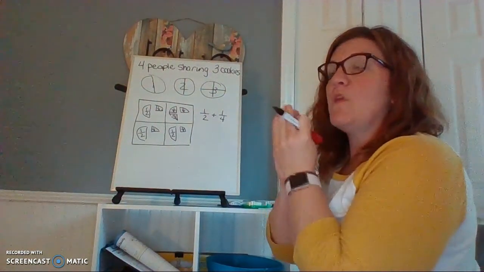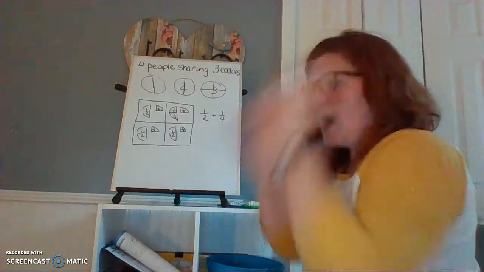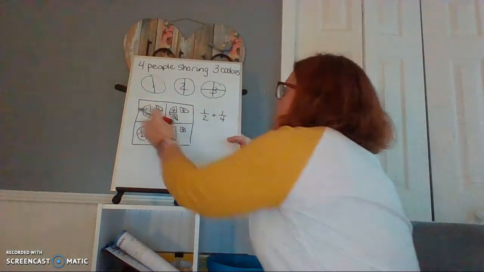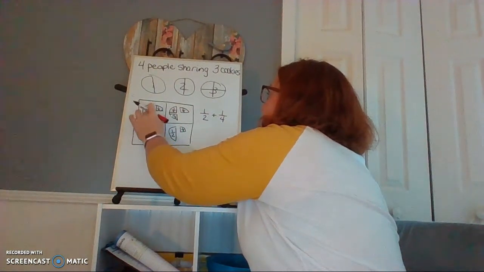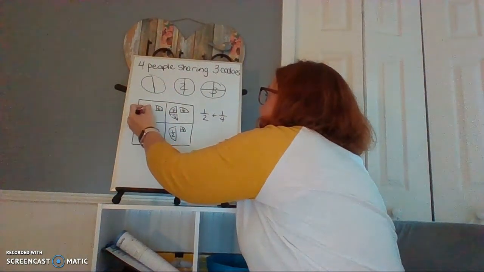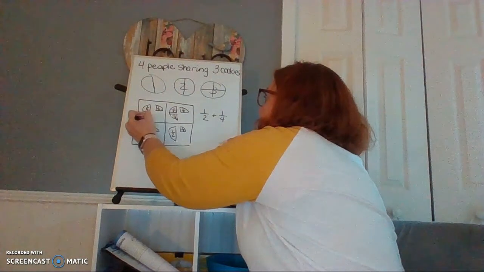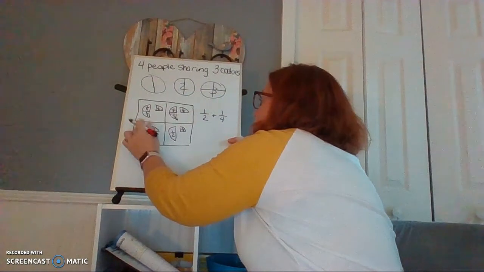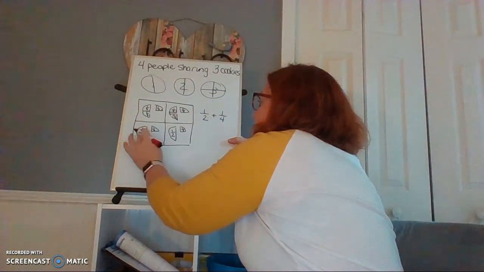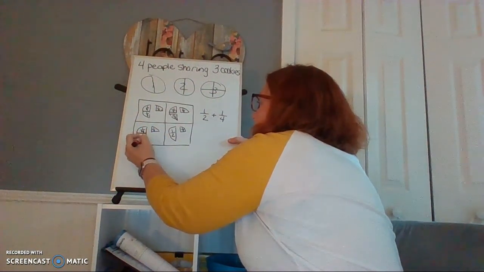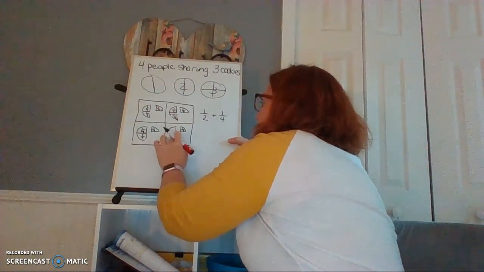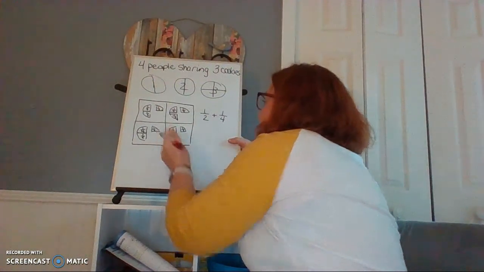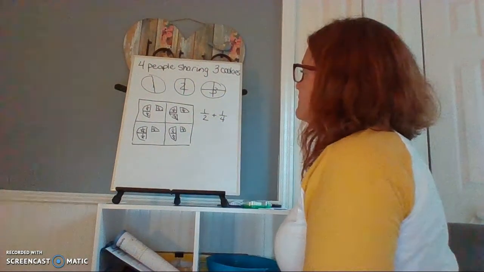Remember, that is one of those fractions you just have to know, that 2/4 reduces to 1/2. So if we did that on every single one, how much of a cookie would each person get? Because you could divide that half into fourths.